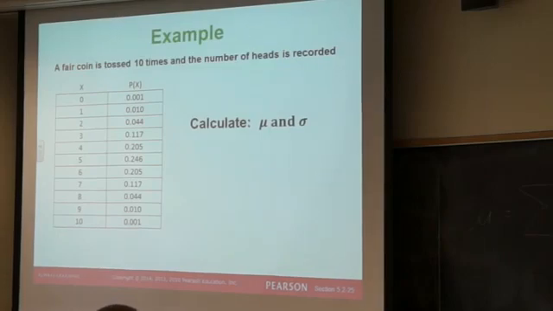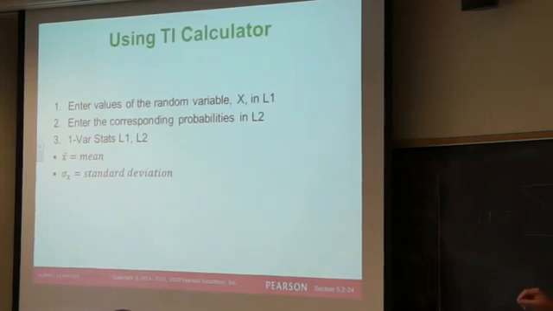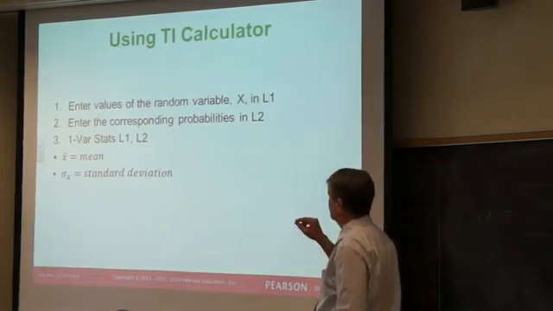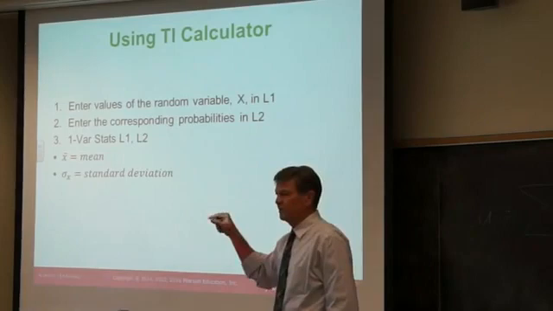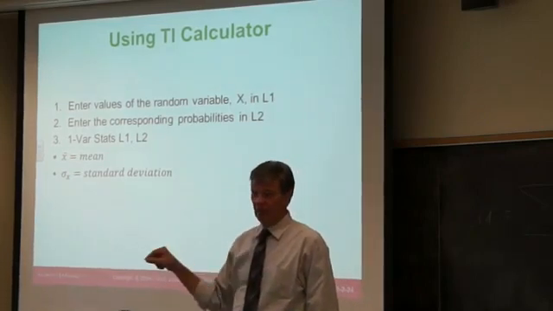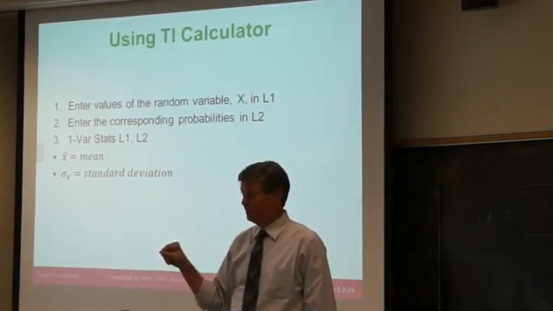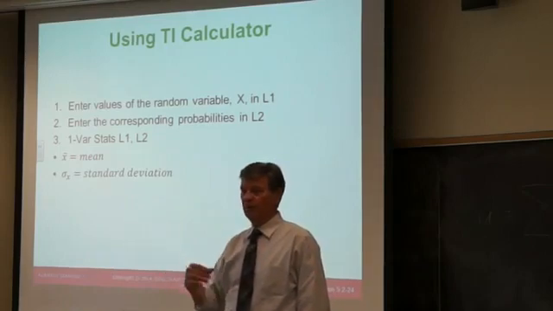Okay, that is our discrete probability distribution. To calculate the mean and standard deviation, we're going to use our old friend 1-Var Stats. It's Stat, Calc on your calculator, and the very first option is 1-Var Stats.